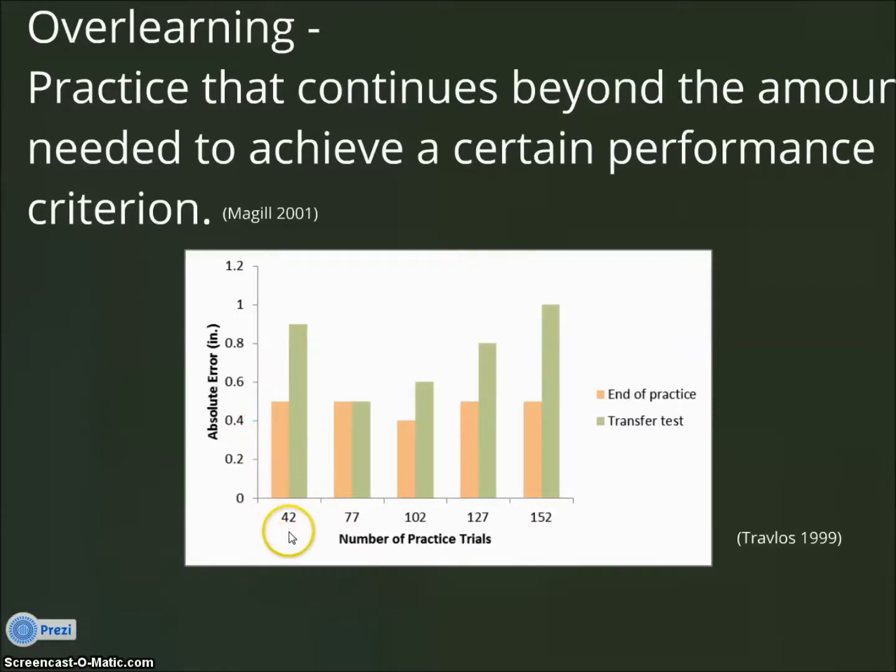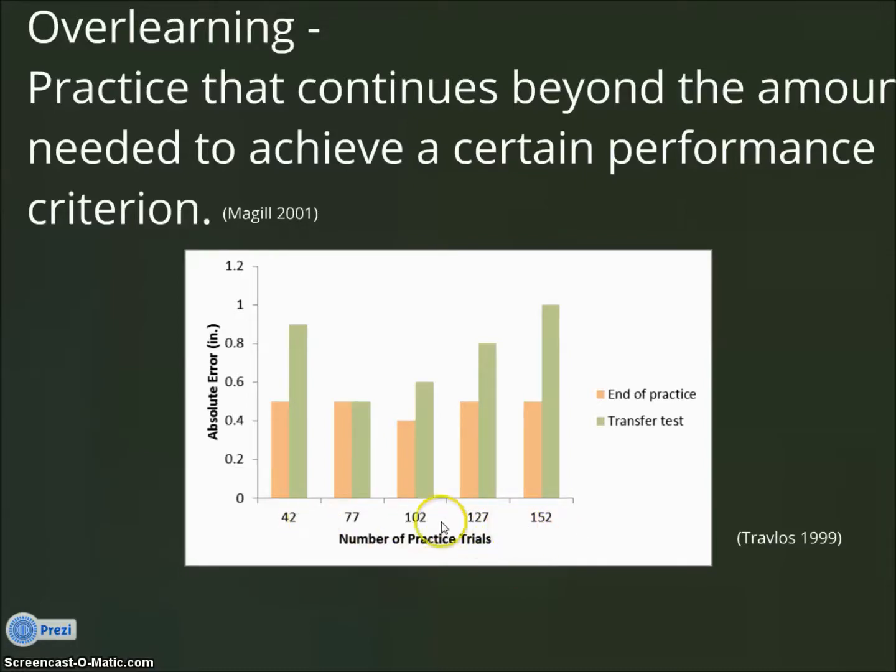And then they were given the task to draw a line that was 7 centimetres in length, and this shows how accurate they were able to do this. Along the bottom we've got how many practice trials they had, so we can see that this is increasing. We've got 42 practice goes, 77, 102, 127 and 152. So this is how many times that person practiced before they had their post-test.